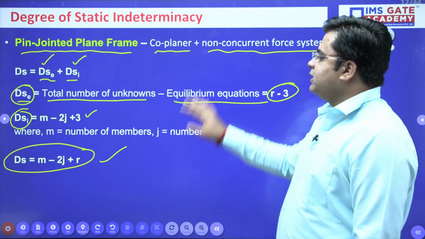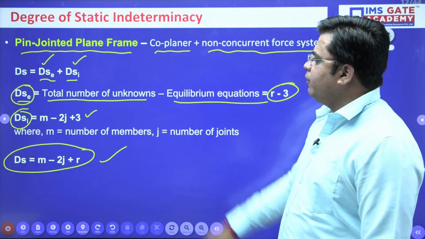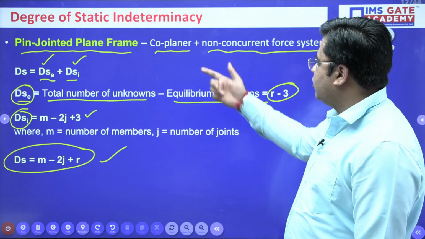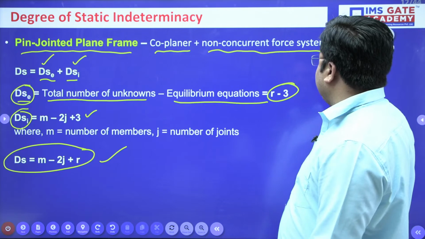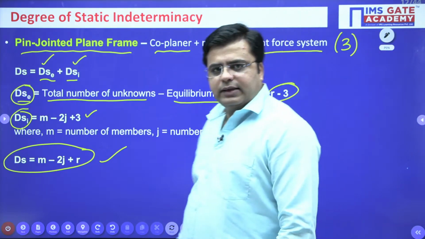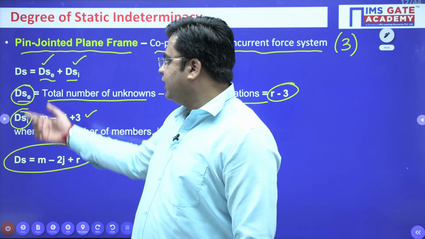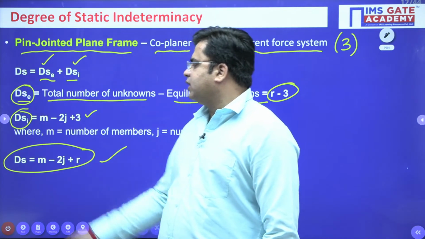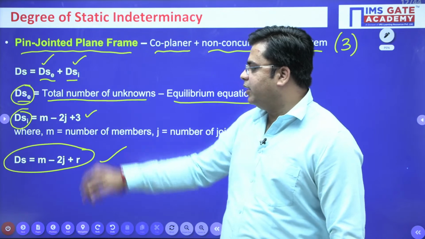So, the degree of static indeterminacy for a pin jointed plane frame, which is a coplanar non-concurrent force system, having 3 equilibrium equations in order to analyze the structure. The degree of static indeterminacy is equal to the degree of external indeterminacy plus internal indeterminacy.